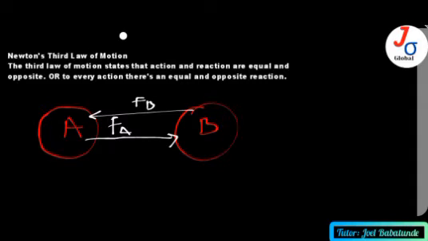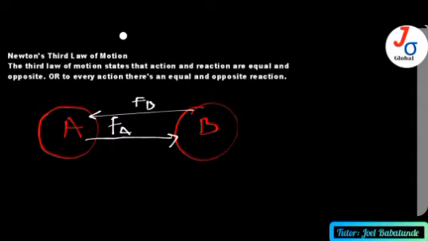Now, what that means is that when these two collide with each other, boom, A exerts a force of FA on B and B exerts a force of FB on A.